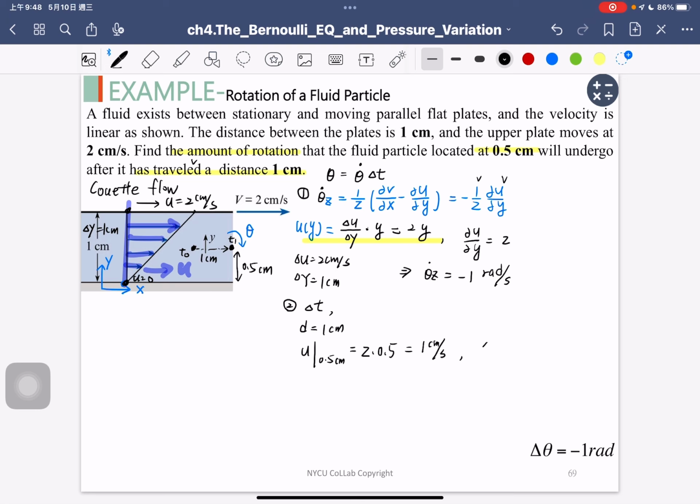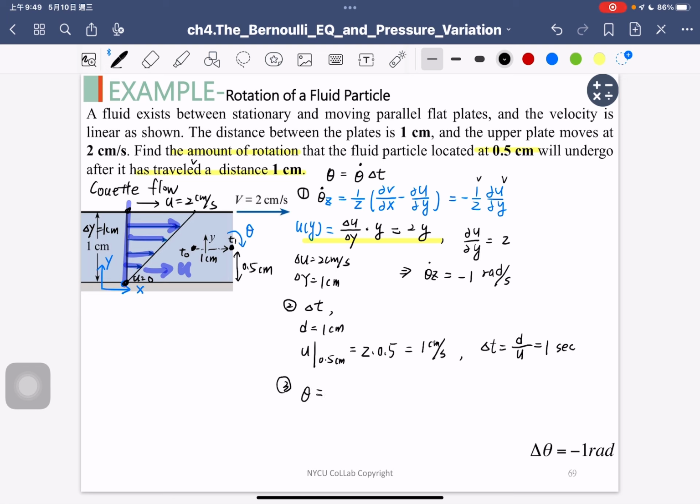So this is the travel velocity. So we can know that the travel time delta t will equal the distance divided by u, right? Because u is the travel velocity and d is the distance. So we know that delta t will equal 1 second. Only 1 second. So finally, how can we compute the theta?